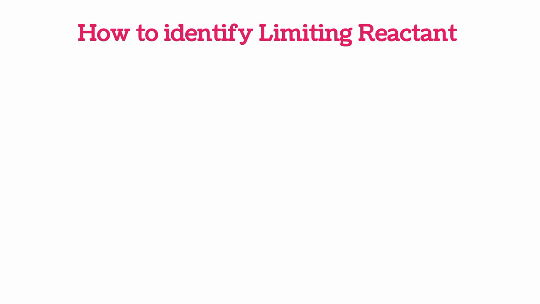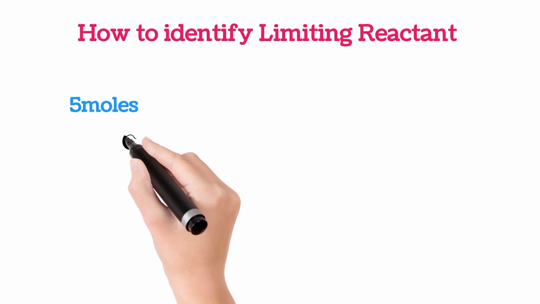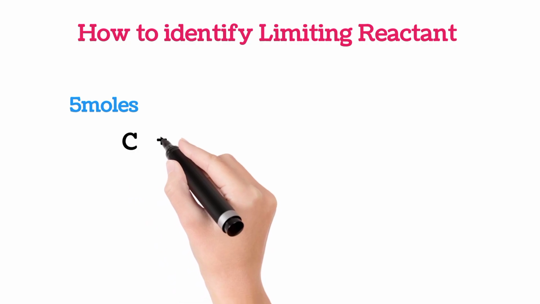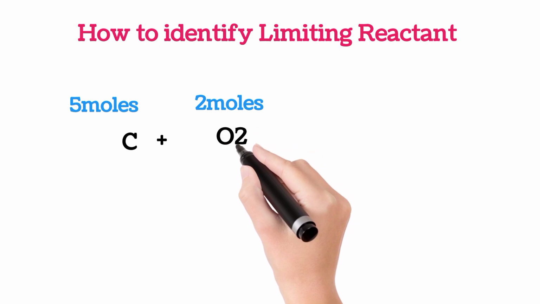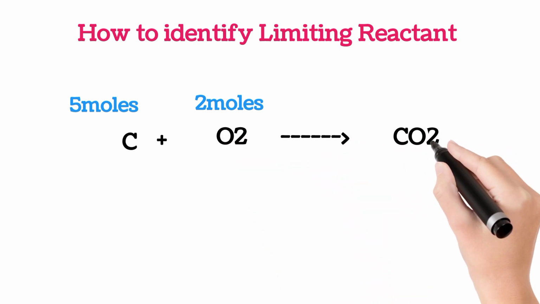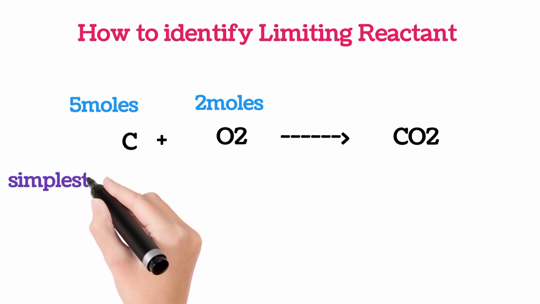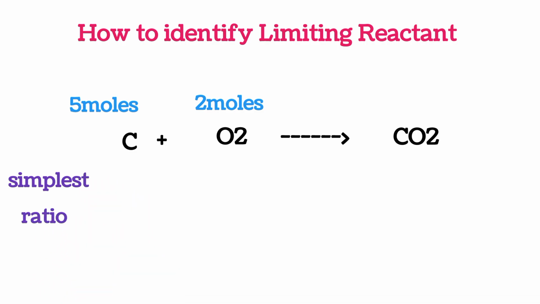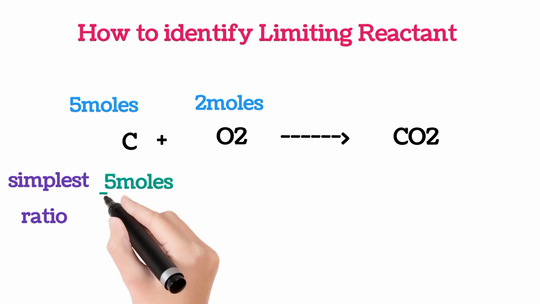How to identify limiting reactants? Given 5 moles of carbon and 2 moles of oxygen to form carbon dioxide, we'll find the simplest ratio by dividing the given moles by the coefficient of the reactants in a balanced chemical equation.